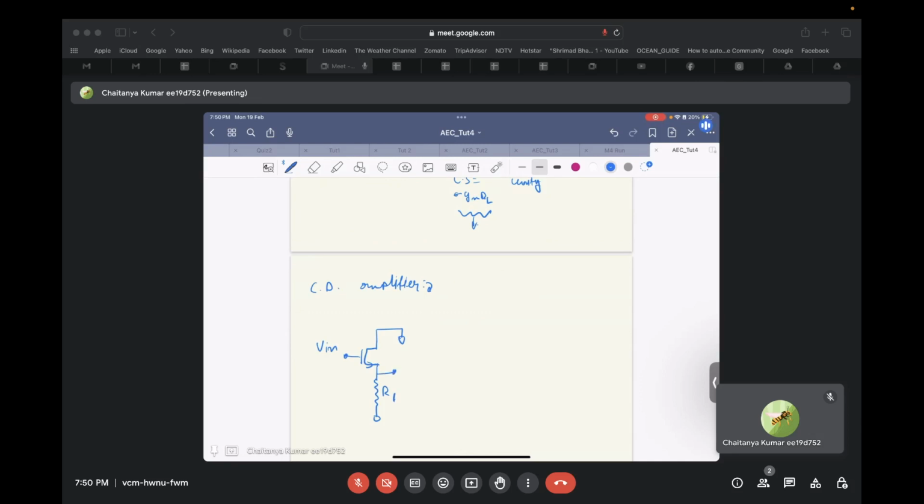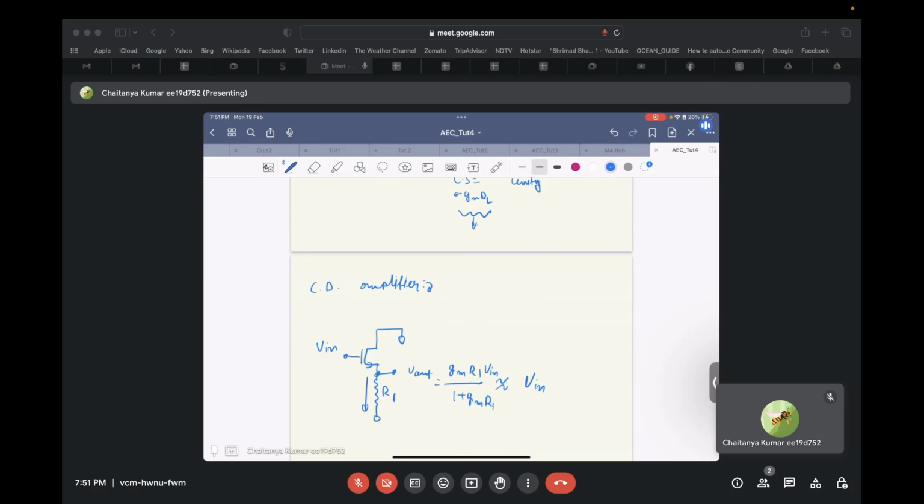If we took the output over here, if Gm is large enough, the output was GmR1 upon 1 plus GmR1. This was roughly equal to unity if GmR1 was large enough. So the output is roughly equal to Vin.